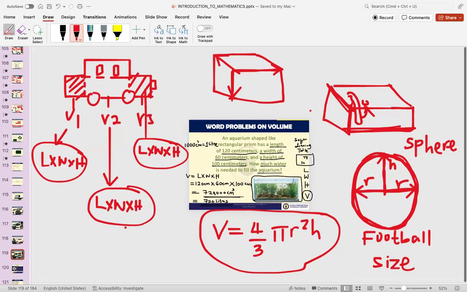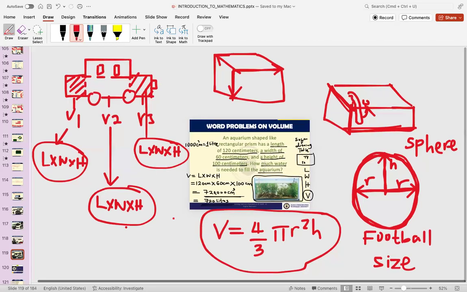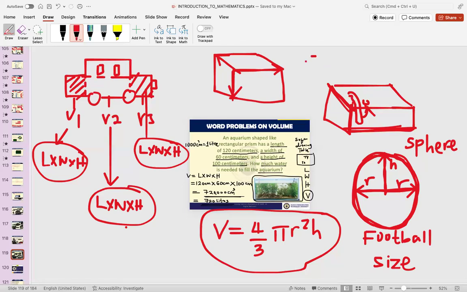So if you take a football, you can realize that the football has several transformations. When it is not inflated with air, the size looks like this. When you inflate it with air, it becomes a bit bigger. Anytime you are inflating a football, you are increasing the radius and the height. And anytime you deflate it, you are reducing the radius and the height.